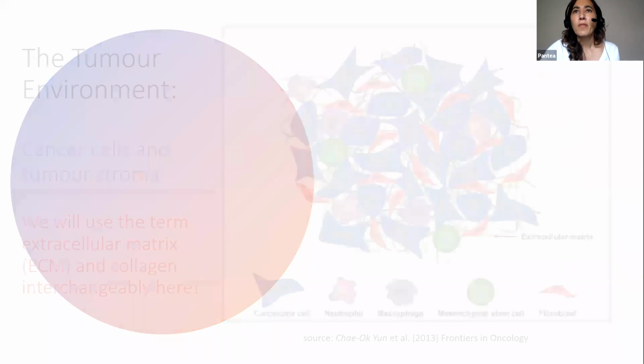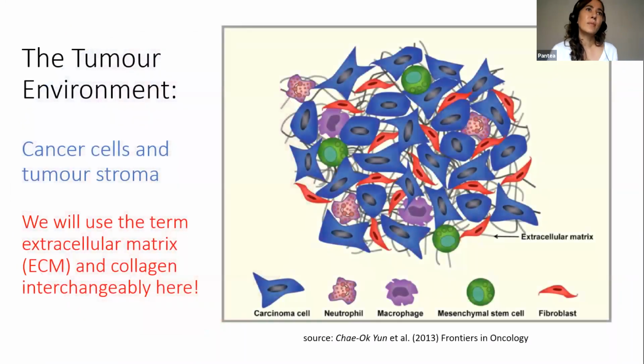All right, so before we start this, I would like to give you some of the background. So let's firstly look at the tumor environment. The tumor environment can be broken up into 2 major parts. The first part is the cancer cells, and these are the carcinoma cells that we see in blue. Everything else that you see in this picture is referred to as the tumor stroma.